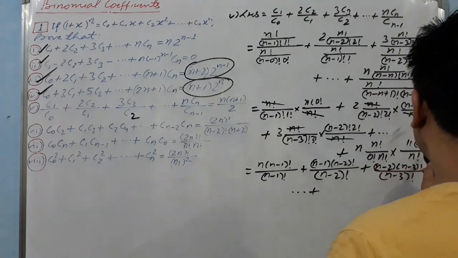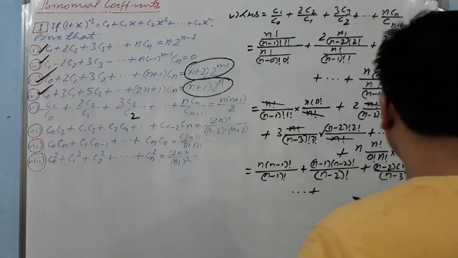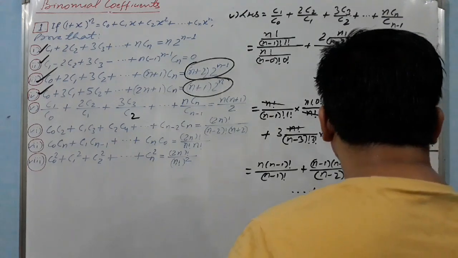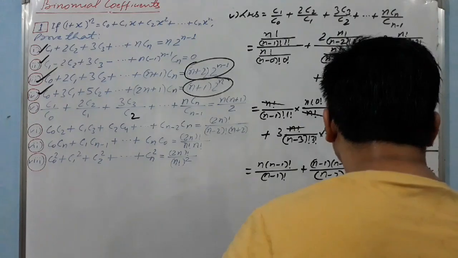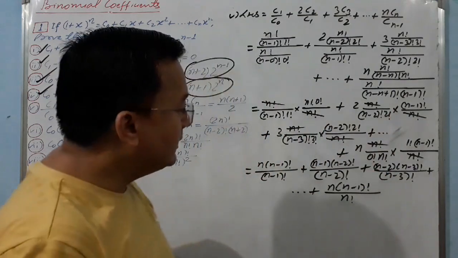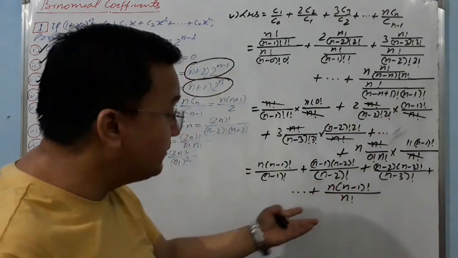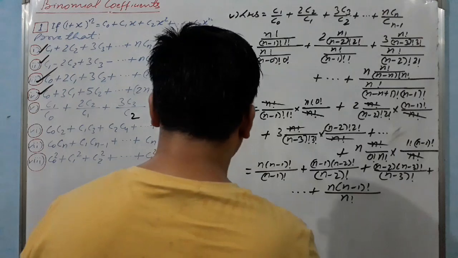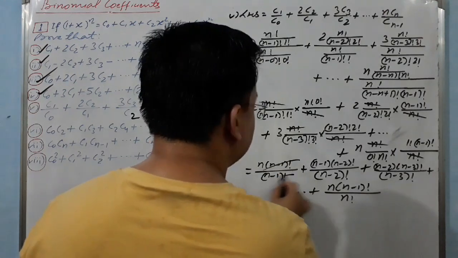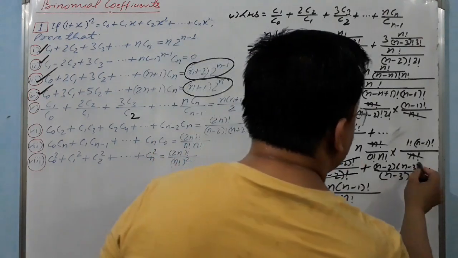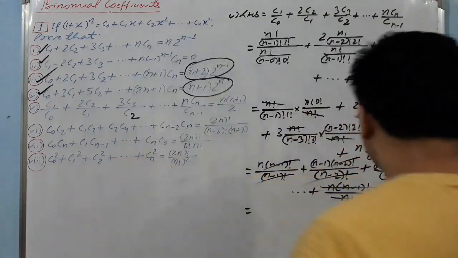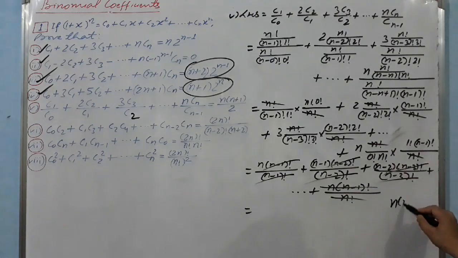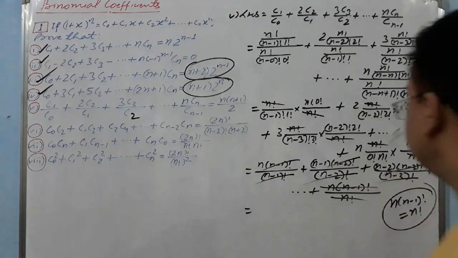Here also n factorial cancel. This is also n minus 1 factorial means n factorial. Why? Because n minus 1 factorial is also equal to n factorial, that's why.